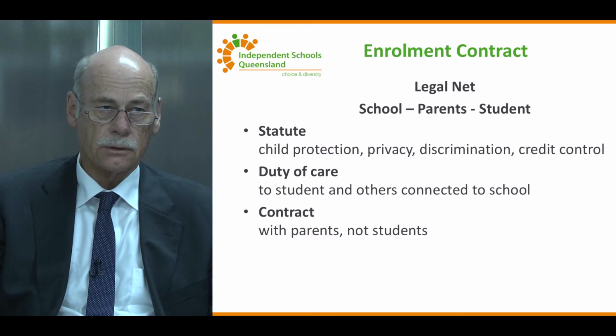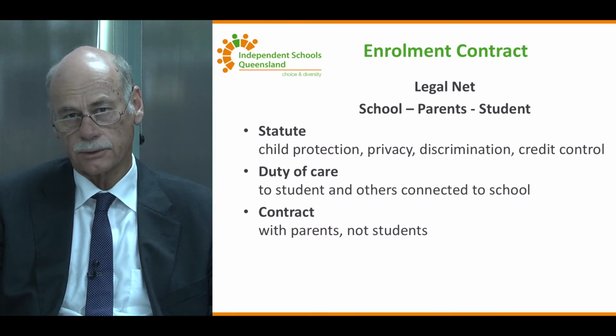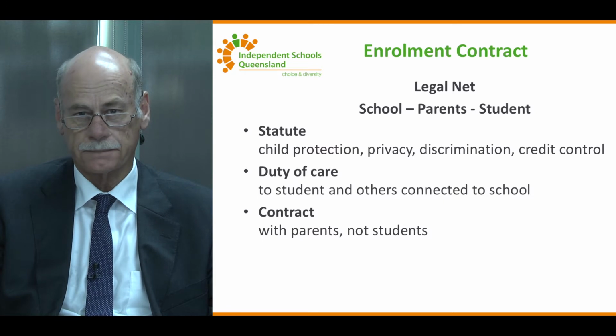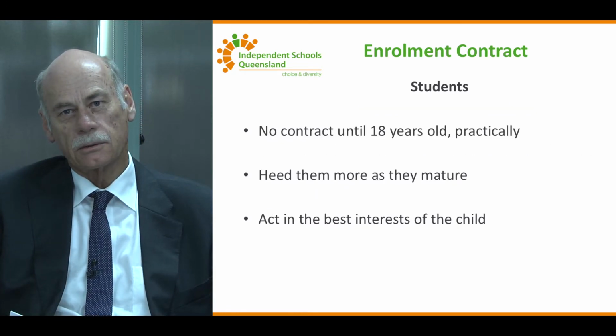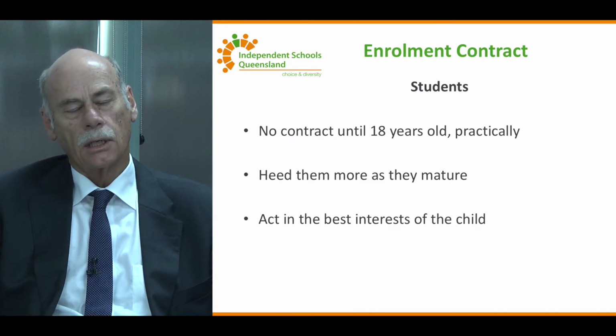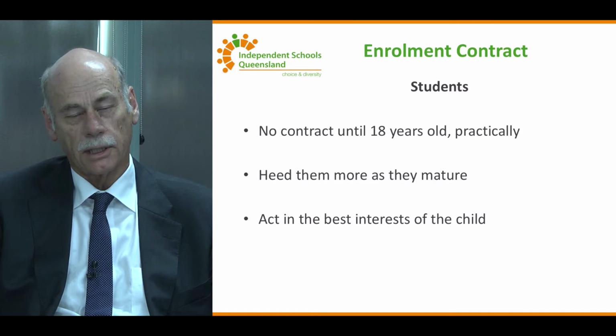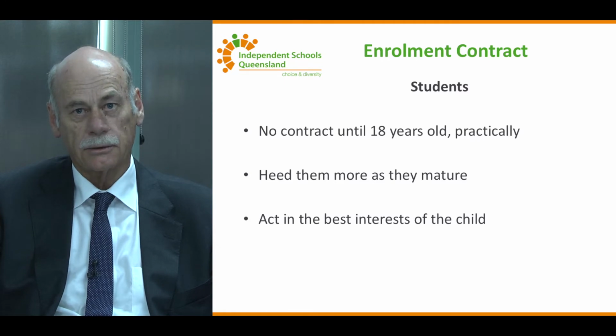The area of contract is the area that governs the legal relationship between the school and the parents, essentially, and the relationship that the school has with students, apropos the enrolment contract. And the first one is that until a child reaches the age of 18 years, it's very difficult to enter into contracts with them. We'll say a little bit more about that later in answer to one of the questions which has come up.